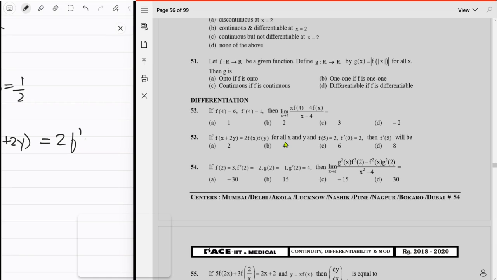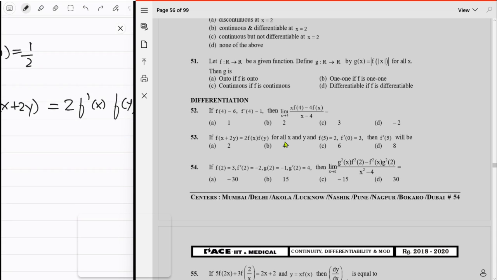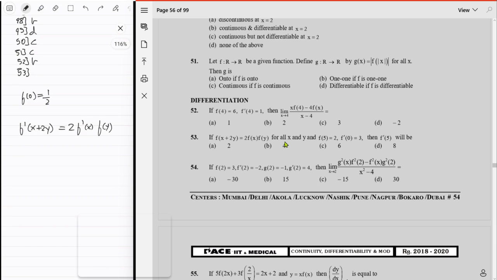Maybe there's some other way of doing it. What I was thinking is, what if I put x equal to y? No, just do it the proper way. So 2 f dash of x times f of y, because f of y is a constant with respect to x. Now let's put y equal to 0.